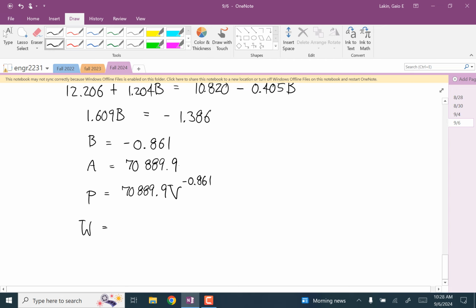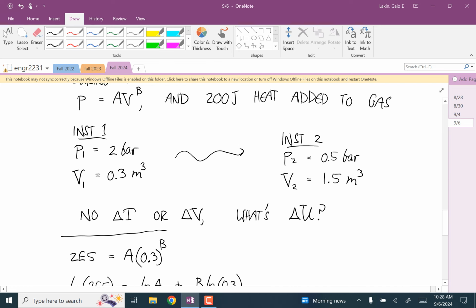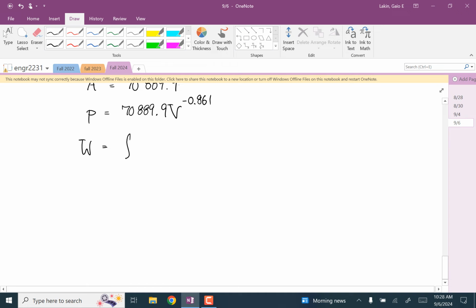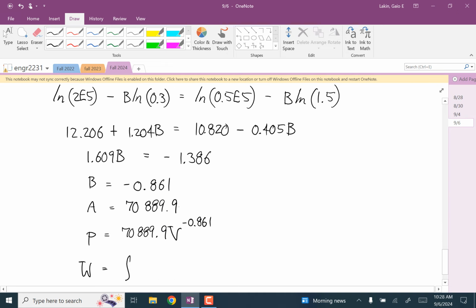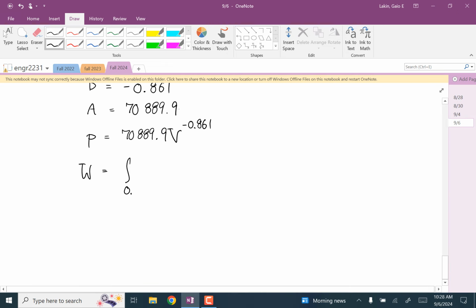And so W is the integral from our starting volume, 0.3 meters cubed, to our ending volume of 1.5, of P dV.